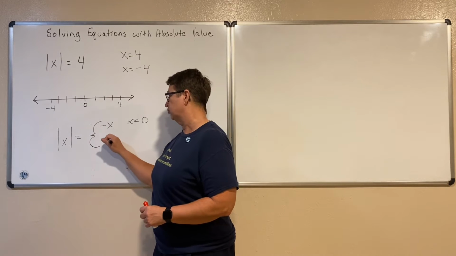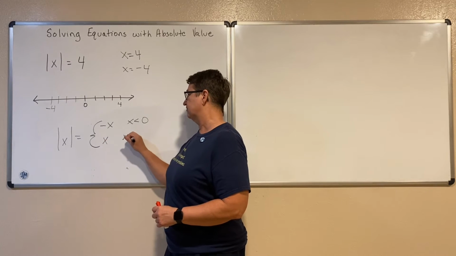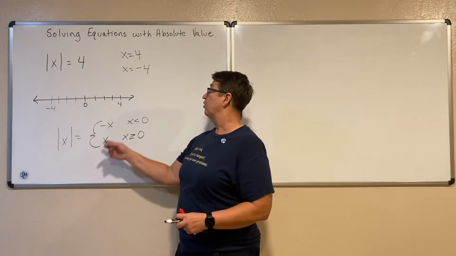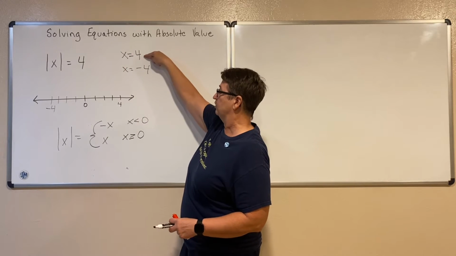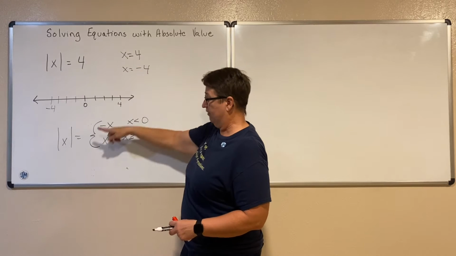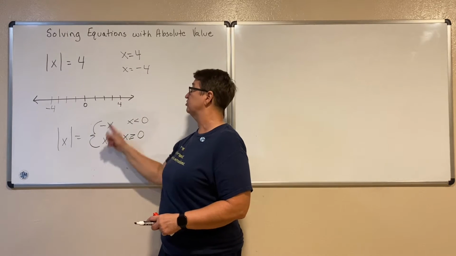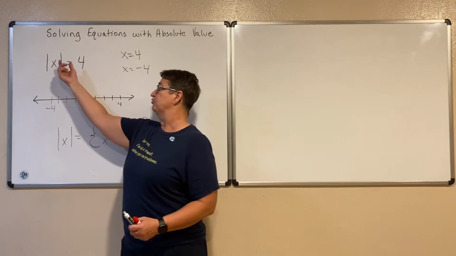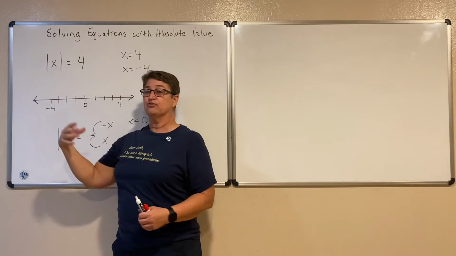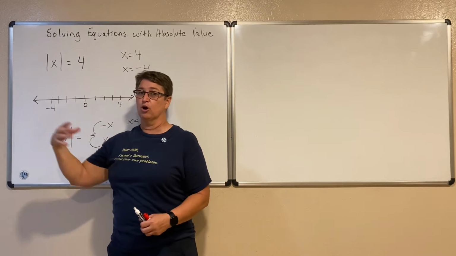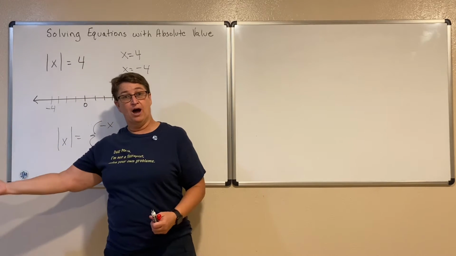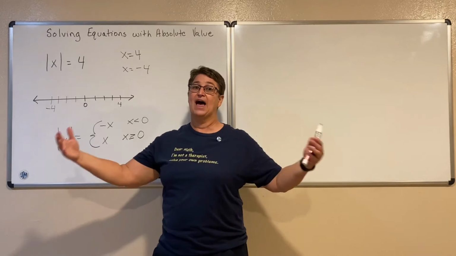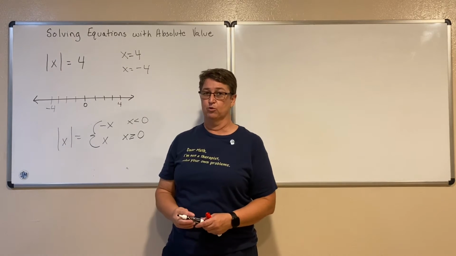Or it's just equal to x if x is greater than or equal to 0. So in this case, it was greater than or equal to 0, so the absolute value of 4 was just equal to the 4. So when I have absolute value signs, that distance from 0, we could have a positive and a negative value for our x. That's going to be that far away from 0.